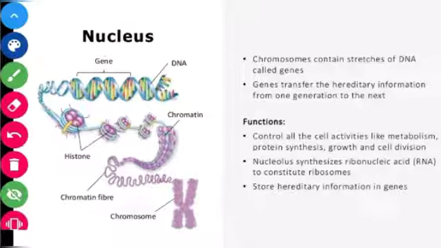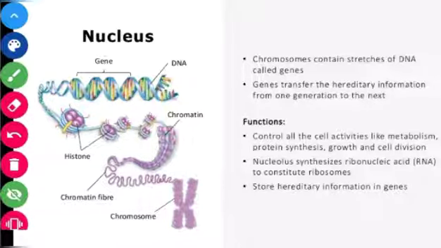This RNA is a single stranded genetic material, and DNA is double stranded. The nucleus synthesizes the DNA; DNA is not synthesized by the nucleolus. This is a very confusing question many times, so I am repeating it again.